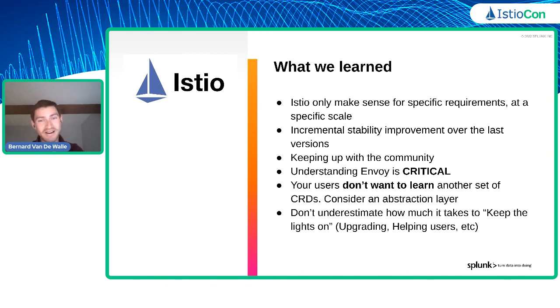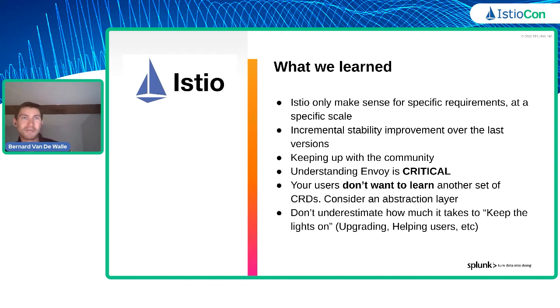One more thing is understanding Envoy is probably the most critical thing you can do if you use Istio, because Istio is really Envoy under the hood. And as soon as we got some issues, we directly jump into debugging Envoy. We're also using a lot of Envoy filters directly to modify the running configuration of Istio, and this was really useful for us.